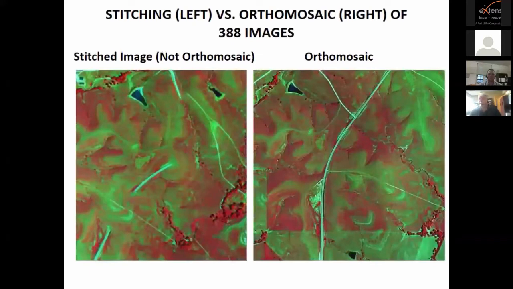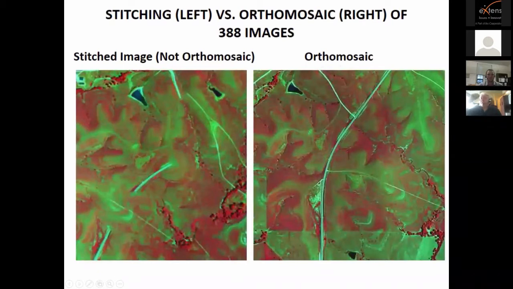Here's what we call a mosaic. There's two mosaics here. Some people think they can just use a stitching tool to stitch the imagery together. And the image on the left is an example of what stitching software does. In other words, you can see the roads are not connected. The area is not connected correctly. There's 388 images in this ortho that you're looking at. This one has been done correctly with software that does actual orthomosaicing.